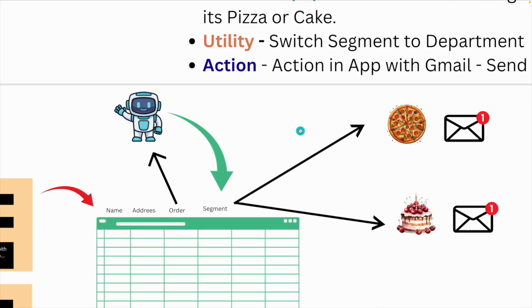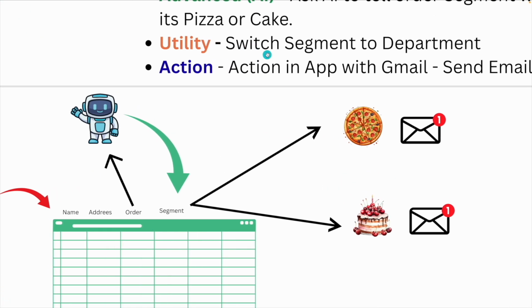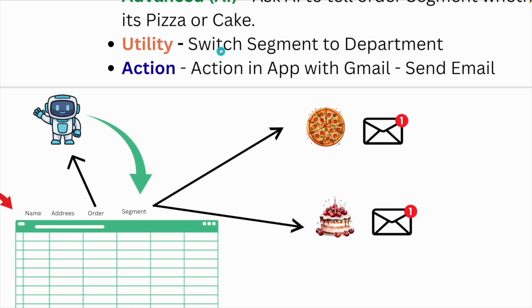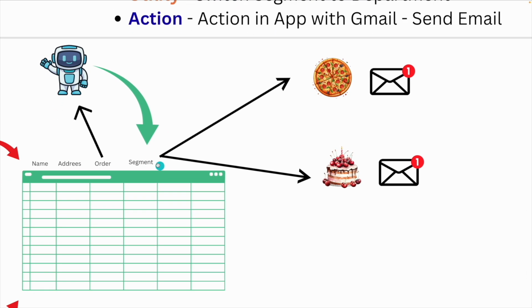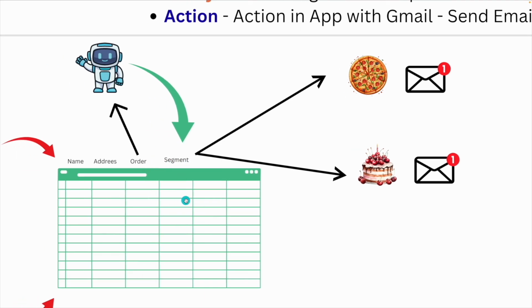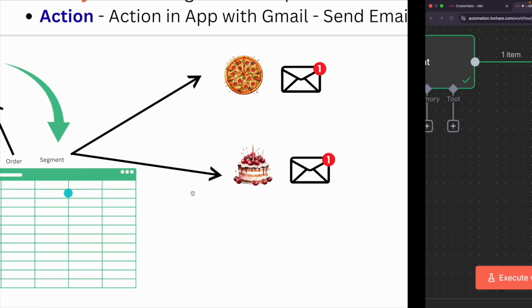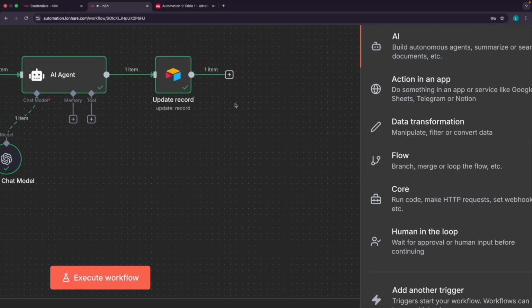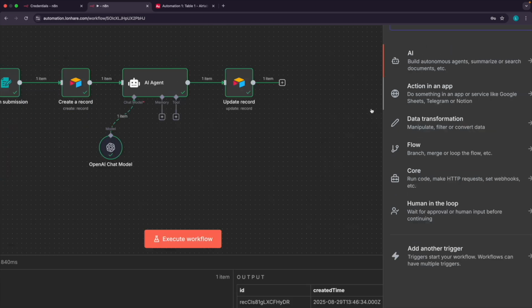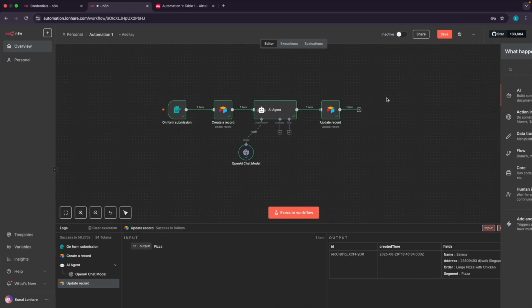Now what we want is that using utility, we want to switch the segment to department. So basically we want to segment it. That means whenever any data comes, I want to segment whether it's related to pizza or cake.